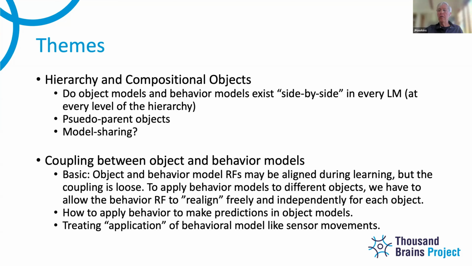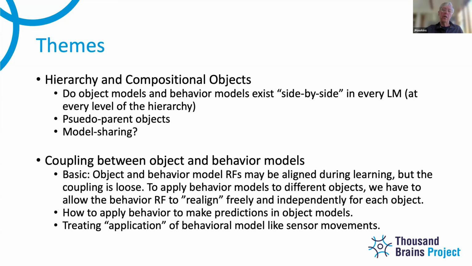Right. And there's another idea too, by the way. We haven't really talked about how columns, or we should just say learning modules, generate behaviors from these models. It could be that even a primary sensory column and a learning module could be generating behaviors based on its behavior model, and we just don't have a theory of that yet.